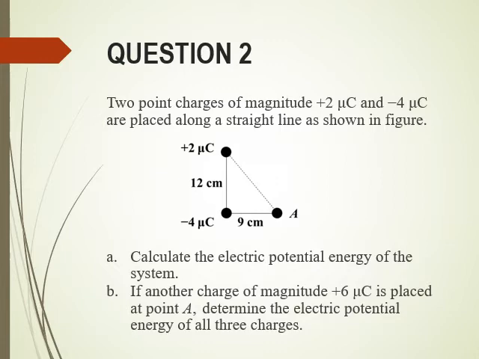B. If another charge of magnitude positive 6 microcoulomb is placed at point A, determine the electric potential energy of all 3 charges. So when it comes to this question, both ask you to calculate electric potential energy, but one is for 2 charges, and the other one is the energy for 3 charges.